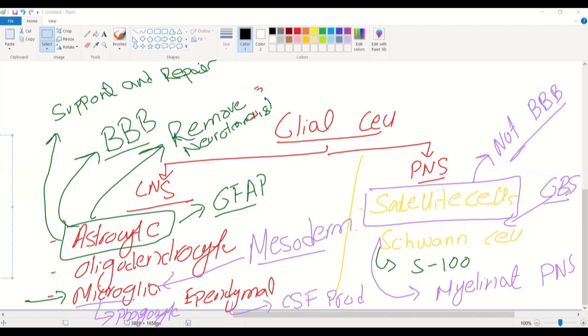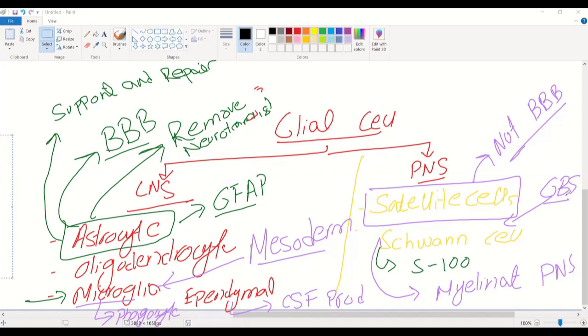Can anybody tell? Again, a high yield association. Campylobacter jejuni. Excellent. Campylobacter jejuni, right? So Campylobacter jejuni is associated with GBS. Absolutely right. So in a GBS patient, why is it important?